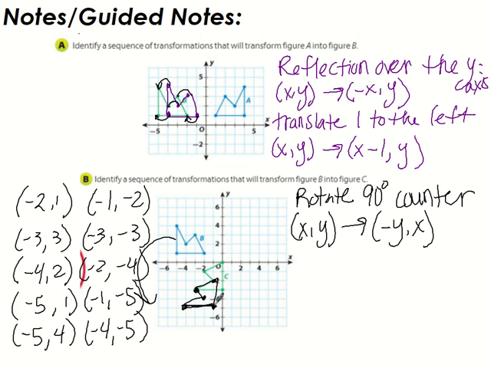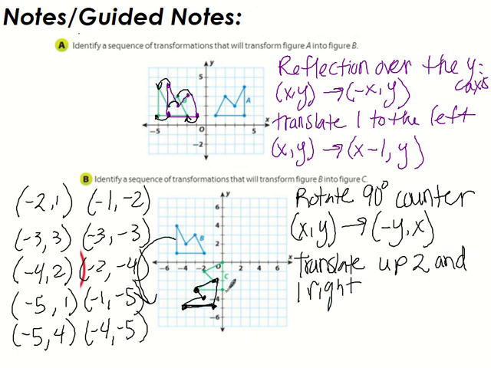All right, so now the shape's in the right place, but it needs to be lifted up. So we're going to translate up, how many? 1, 2, and 1 right, because I need to slide it back 1.